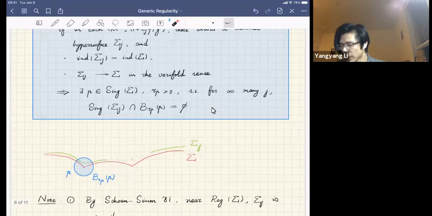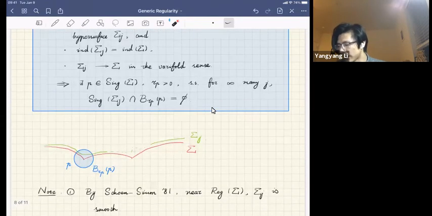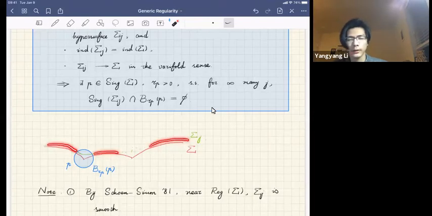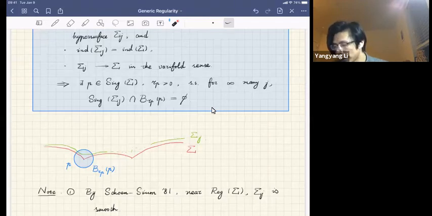And by Schoen-Simon's regularity result, we also know that near the regular part, like here and here, if j is large enough, then sigma_j is also smooth. So the only bad part would be the other singular points inside sigma.